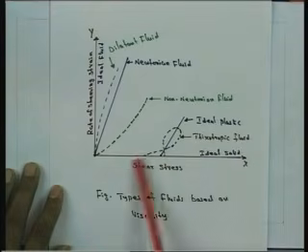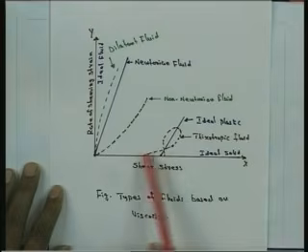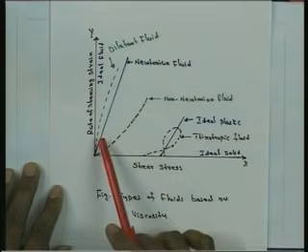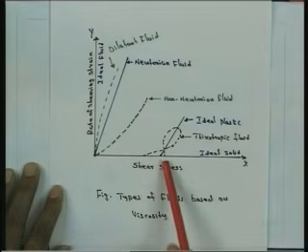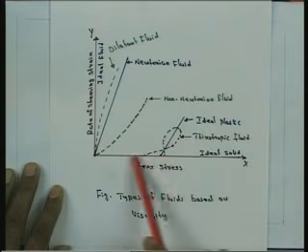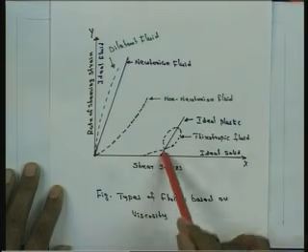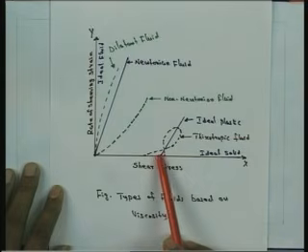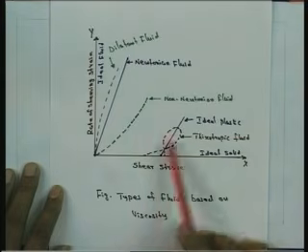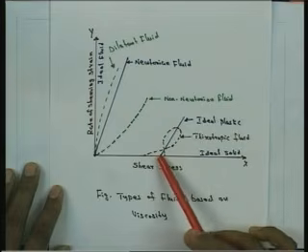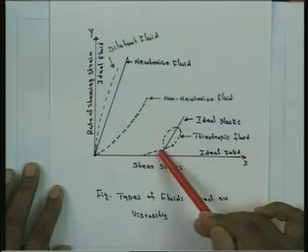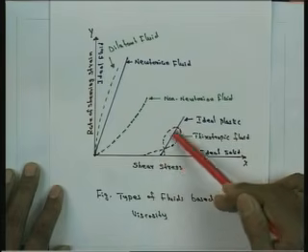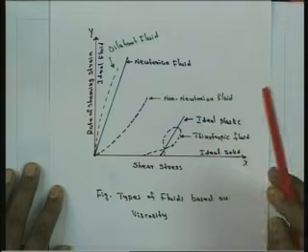And then if the rate of shearing strain starts only after application of a fixed quantity of shear stress, like here, up to this point there is no deformation, that kind of fluid is called an ideal plastic. After reaching this particular point, the variation is linear.